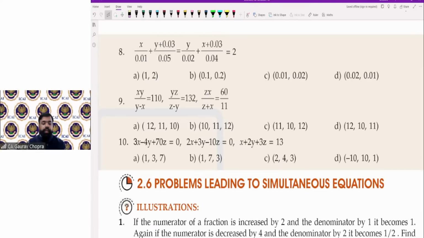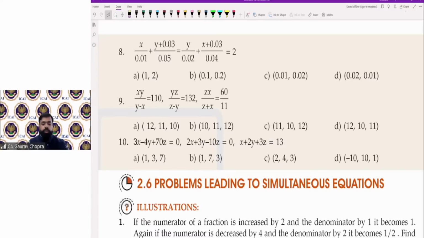Question number 8: x upon 0.01 plus y plus 0.03 upon 0.05, and then the second side. So you can see all the values are either 1, 2, 0.1, 0.2, 0.01, 0.02. So options number C and D are interchangeable. So which one is correct?